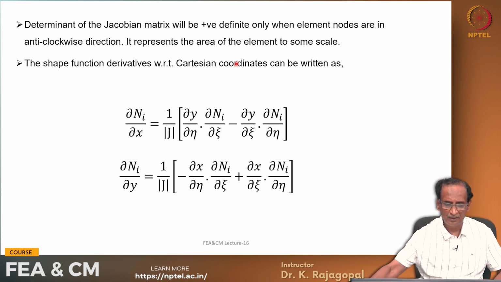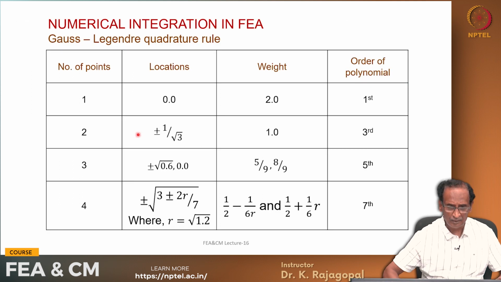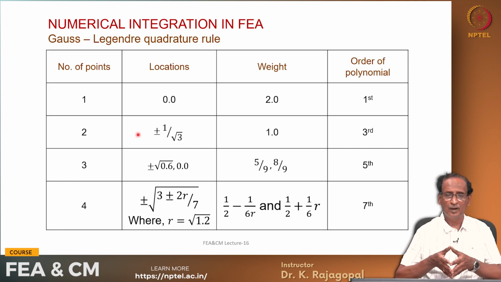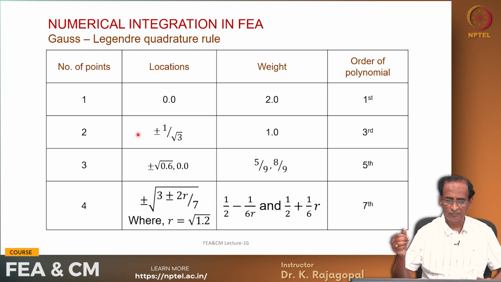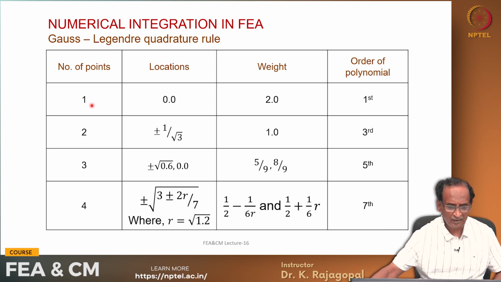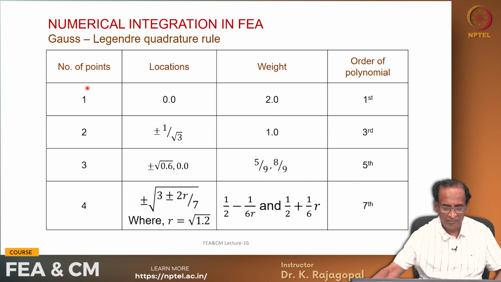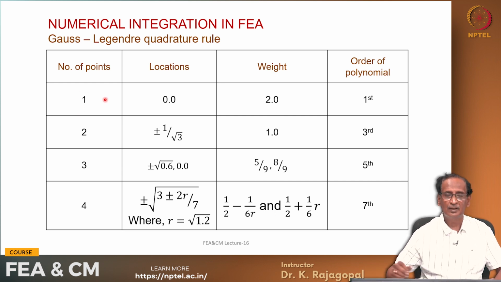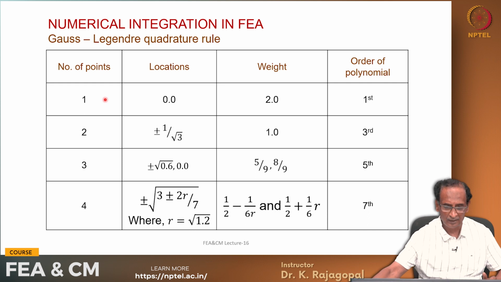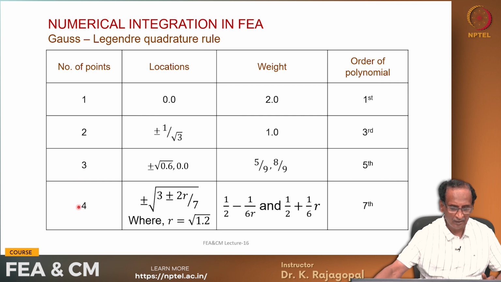And the shape function derivatives with respect to Cartesian coordinates are this, we have seen earlier, and so once we have these, we can form the B matrix and do all the calculations. And these Gauss-Legendre quadrature rules we have seen earlier, and in fact we had derived these sampling point locations and the corresponding weight factors for the first 3 cases, 0, 1, 2 and 3, and similarly we can also derive for 4-point numerical integration.